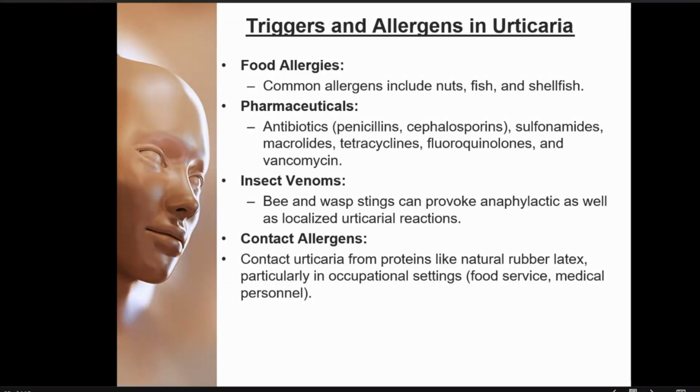Insect venom, like bee and wasp stings, can provoke anaphylactic as well as localized urticarial reactions. Sometimes contact allergen urticaria can be seen from proteins like natural rubber latex, which is the main example of a contact allergen and is also responsible for urticaria.